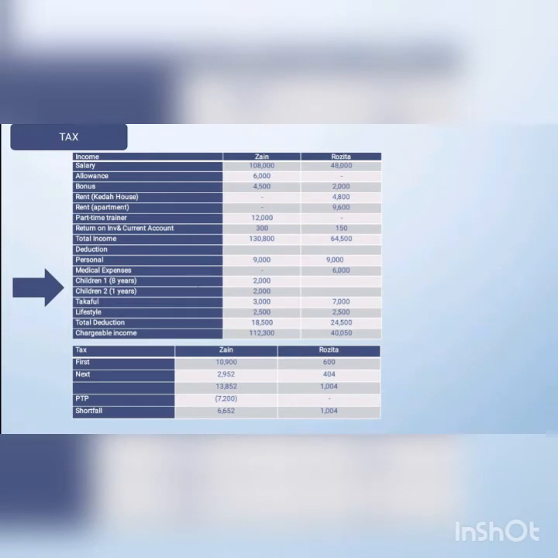Here is the tax calculation for both Zain and Rozita. The total income in tax for Zain is Rm 130,800 and Rm 64,500 for Rozita. So the tax chargeable income for Zain is Rm 112,300 and 40,050 for Rozita. There's a shortfall for Zain which is 6,652 and 1,004 for Rozita.